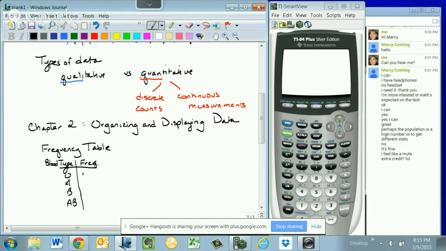So maybe you have, let's just say, 45 type O, 40 type A. Oh, now we have too many here. Let's say 10 type B and 5 type AB. And that would be a frequency table.